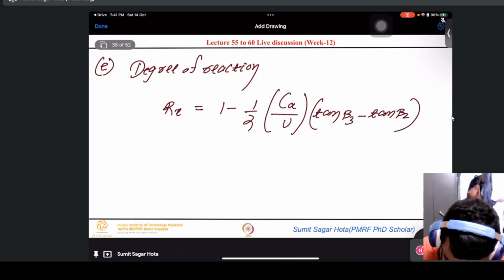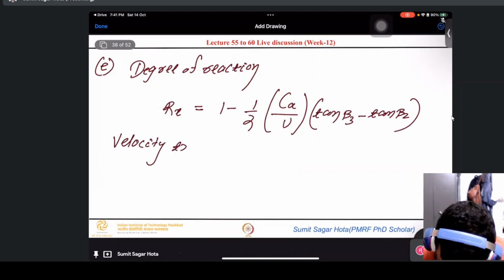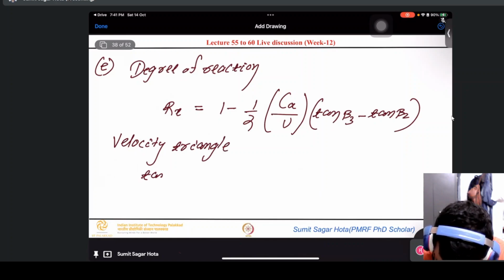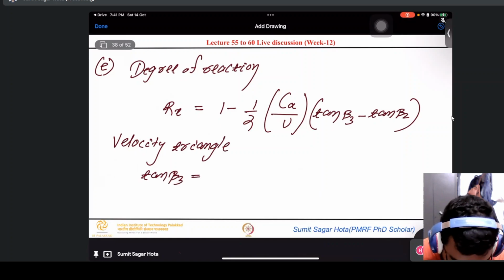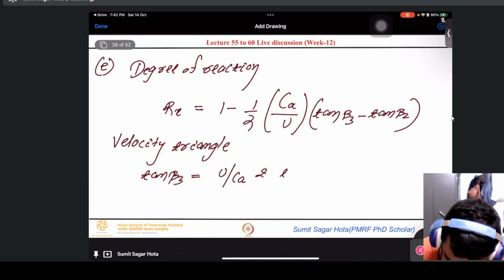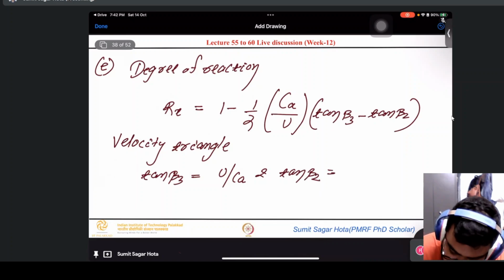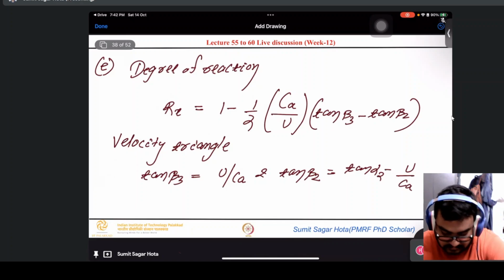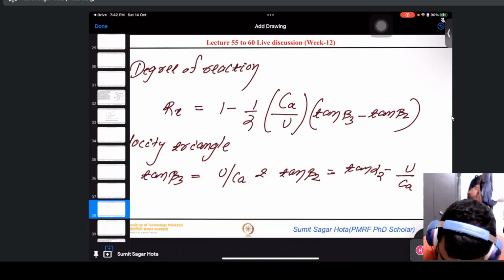And from the velocity triangle, tan beta 3 is equal to U by Ca, and tan beta 2 equal to tan alpha 2 minus U by Ca. Now substitute all these things in Rx.